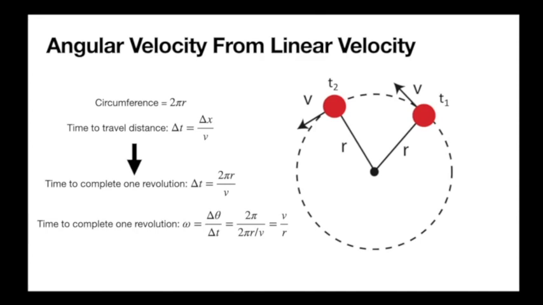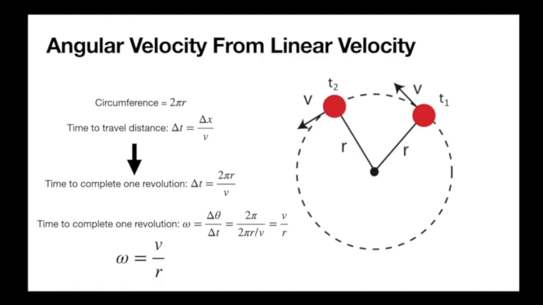And then we can take that and apply it to our definition of angular velocity, which is just our change in angle over our change in time. The change in angle of one full loop is 2 pi, and we just figured out the change in time as a function of our linear velocity or linear speed. And so that simplifies to a very simple v over r.